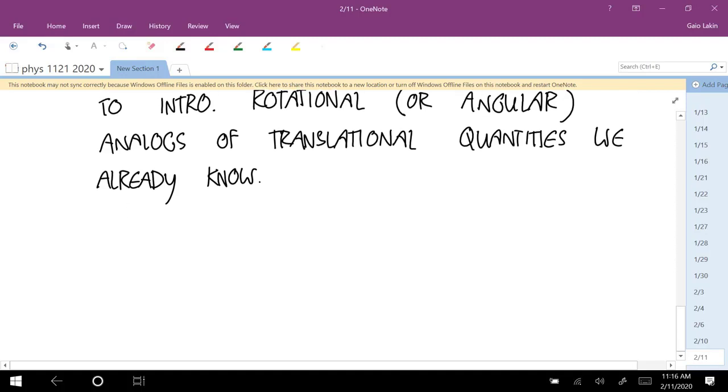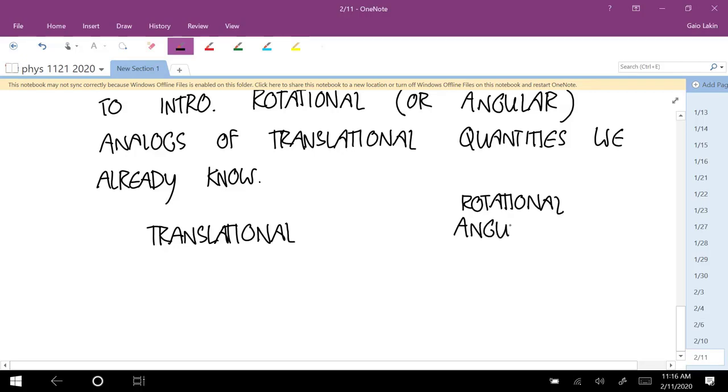I'm going to just set up this little table with two different columns. The first one is the stuff that you're familiar with, translational. And then over here is the rotational or angular.